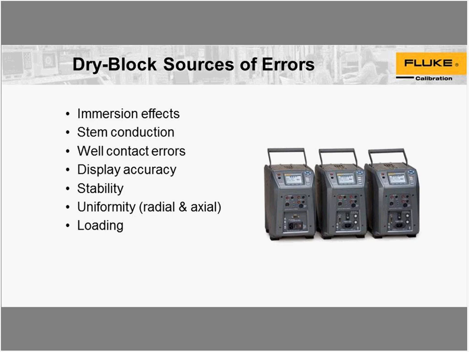And display accuracy, that's the biggest one. The display accuracy of the wells does vary from unit to unit. Another one you would want to be concerned with is the stability of the dry well. And on some newer or more advanced models, they do have a radial and axial uniformity spec. We'll also touch on loading and how that can play into a potential source of error as well.